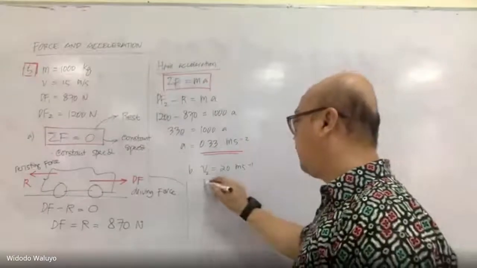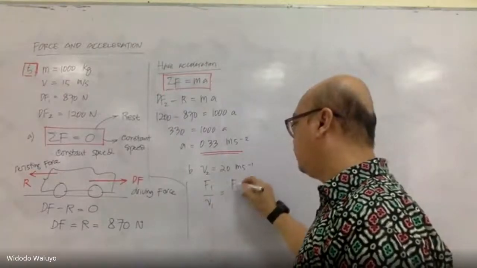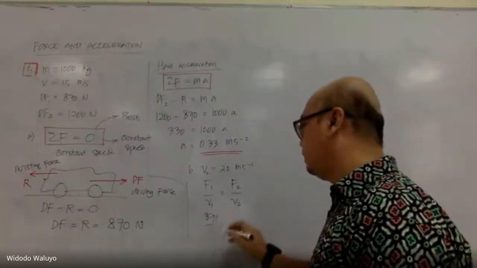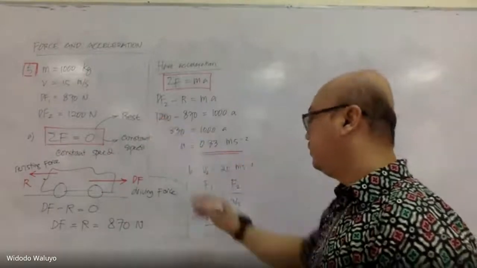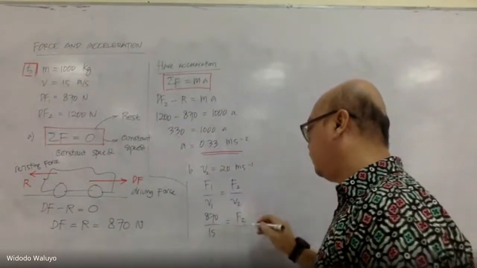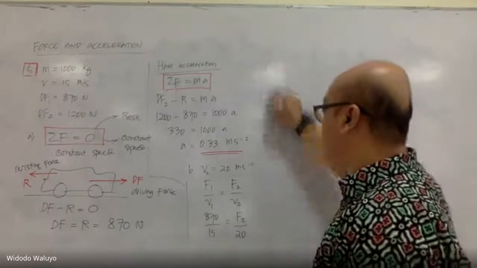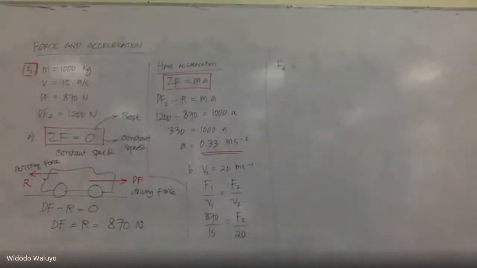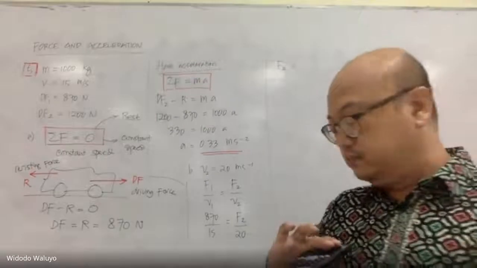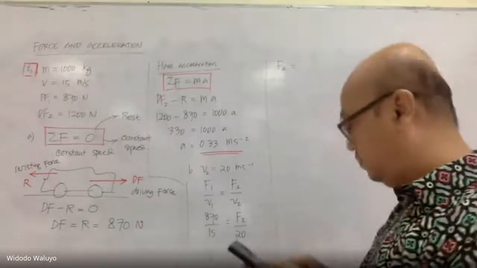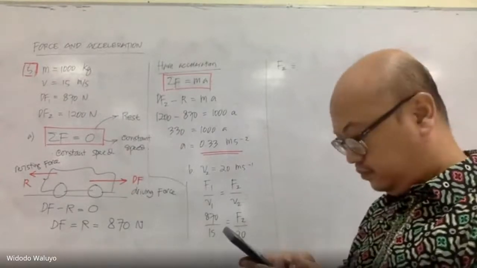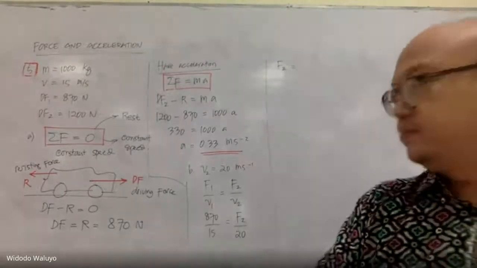I use the formula F1 divided by V1 equals F2 divided by V2. 870 Newton divided by 15 equals F2 divided by 20. So F2 is 1160.